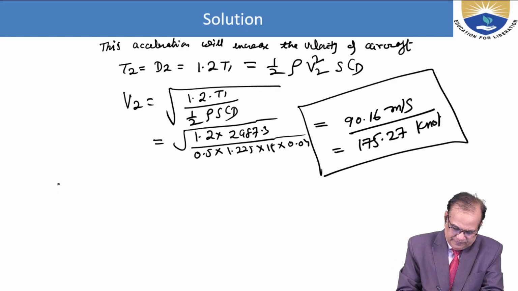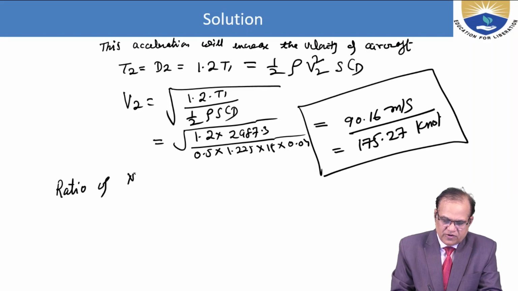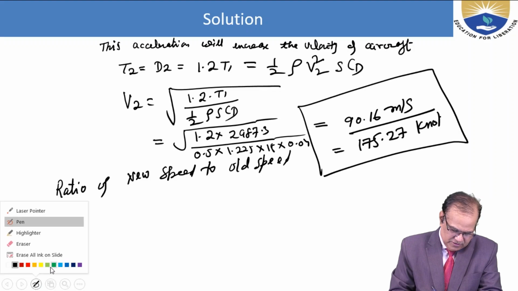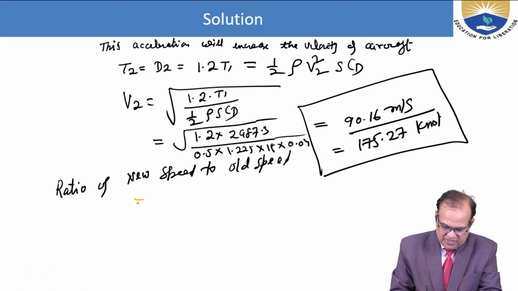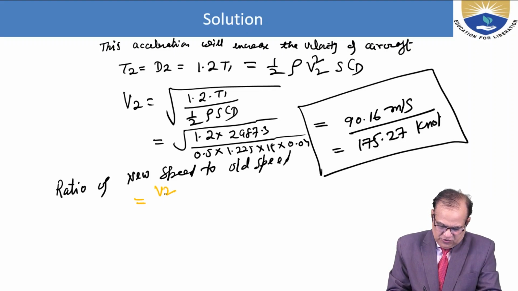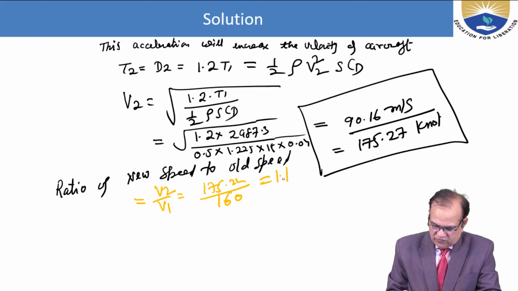So the ratio of new speed to old speed will be V2 by V1. So V2 is equal to 175.22, V1 is equal to 160, it is 1.1.